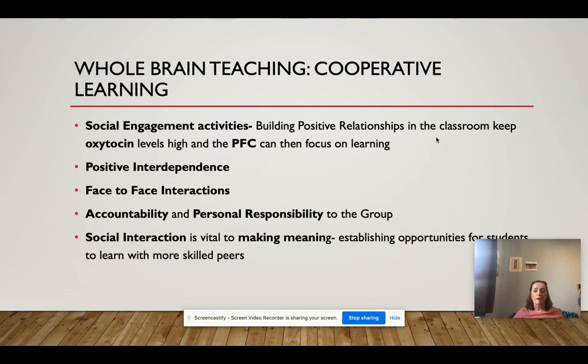Okay. And when there's positive relationships, again, we're releasing that oxytocin, and that oxytocin is going to that upper brain, that executive functioning of the PFC, prefrontal cortex, and then that prefrontal cortex can access the information that's come in through the hippocampus so that they can be learning.